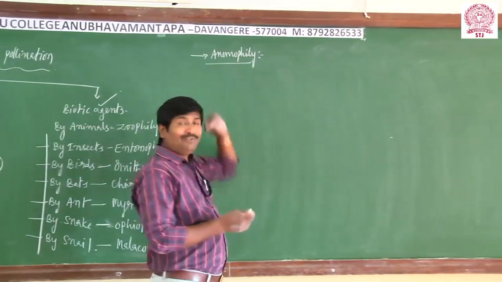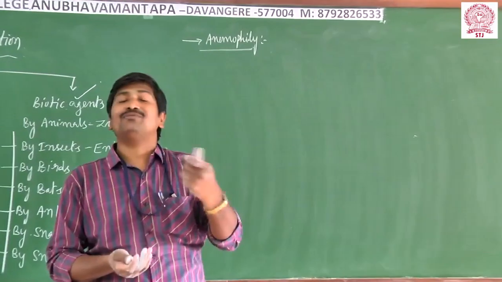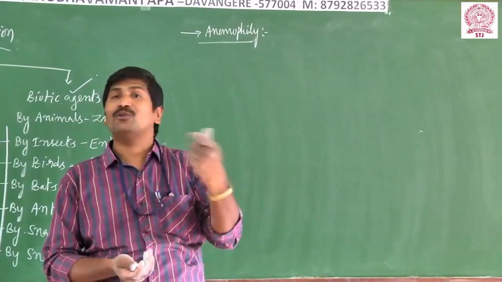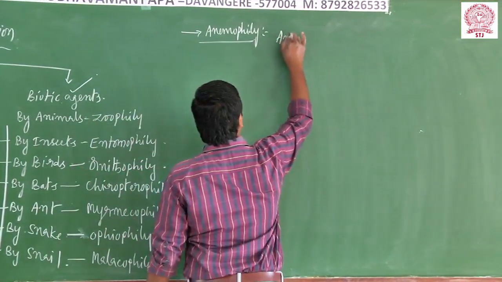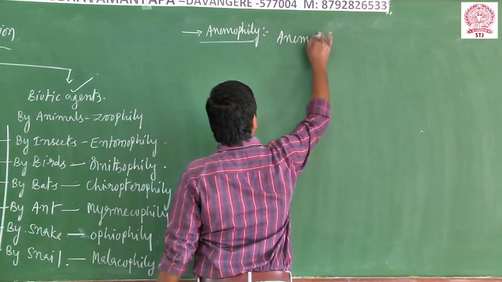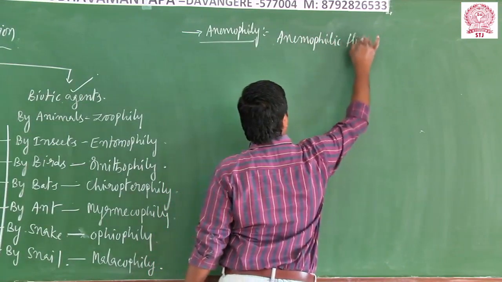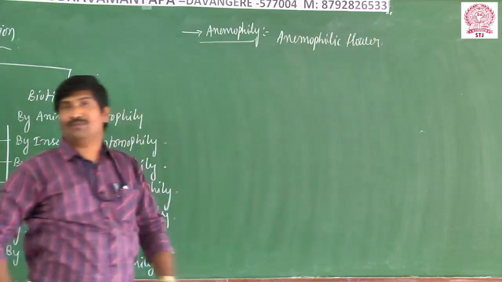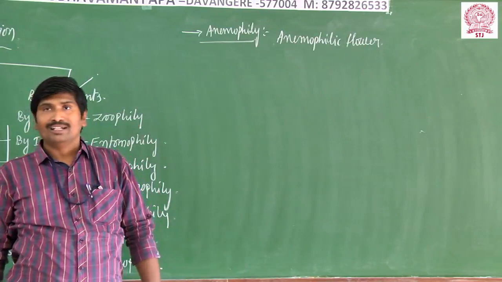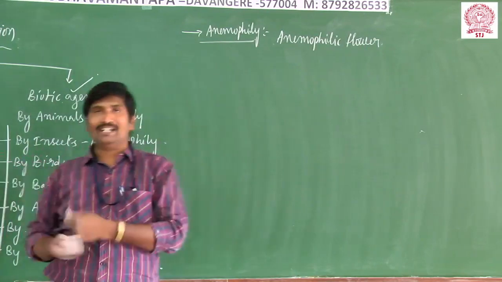So when wind pollination takes place in flowers, those flowers are known as anemophilic flowers. What are the characteristics of the anemophilic flowers that are responsible for wind pollination?